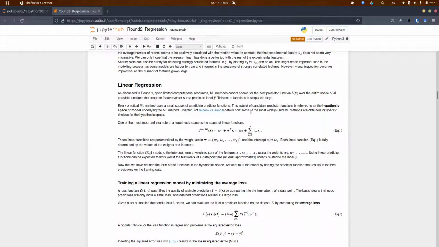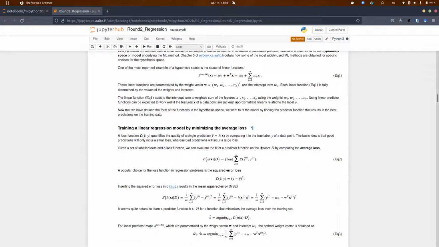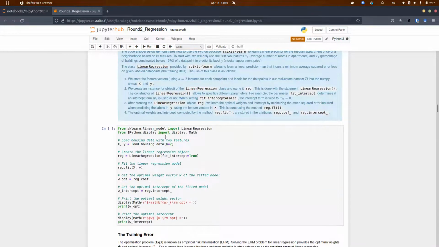And then we go into linear regression. We pretty much discussed all this, so I won't go into further details. Let's see the code though. Here we instantiate a model of linear regression. You have already seen in round one how this can be done. And then we fit the model.